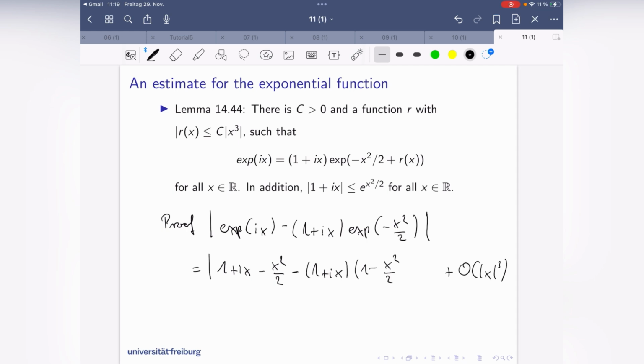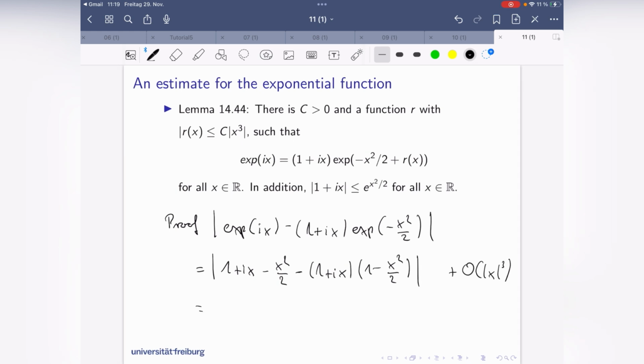The next term will be x to the power of 4 over 4, but I can hide that in the O of x cubed. And when I compute this, well, this one goes against this product.